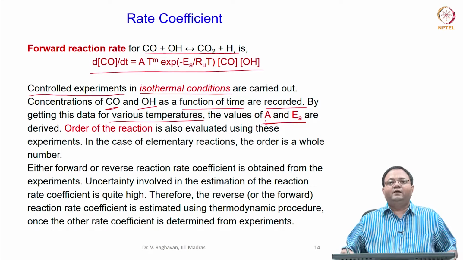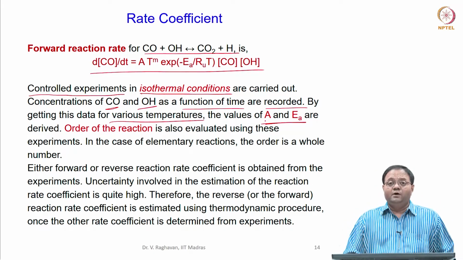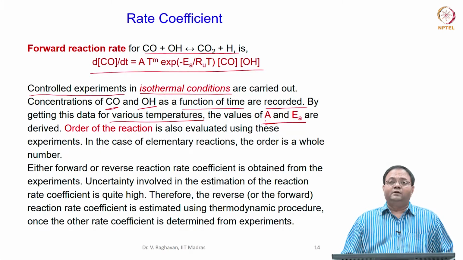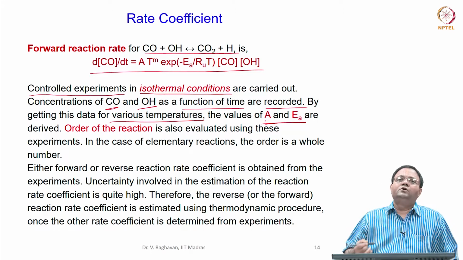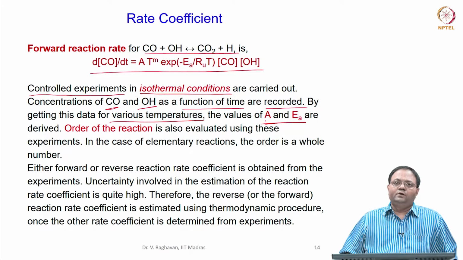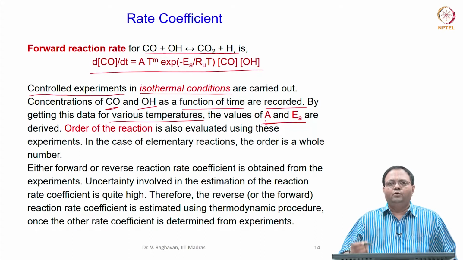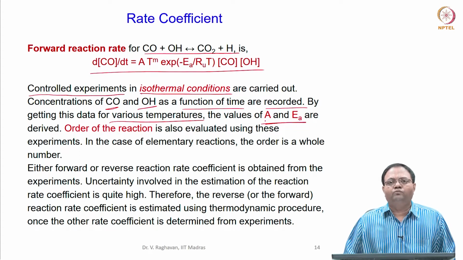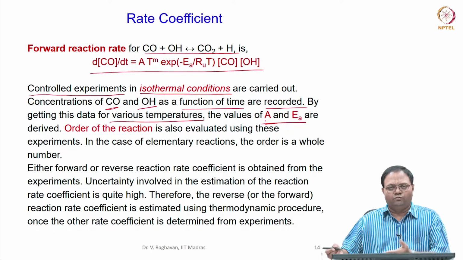So, this is the way the chemists report. This is work which is done by chemists. They conduct a lot of experiments like this and report the values of A and EA for several sets of molecular level reactions. Even a global reaction can also be done. For example, you put methane and oxygen and monitor the concentration of methane as a function of temperature. That is what we are going to see later.